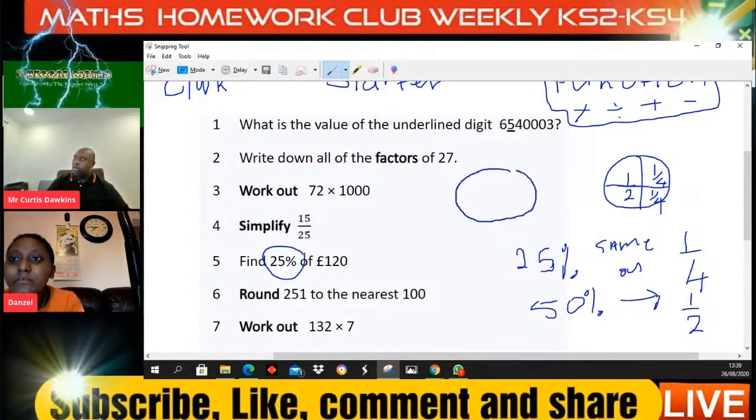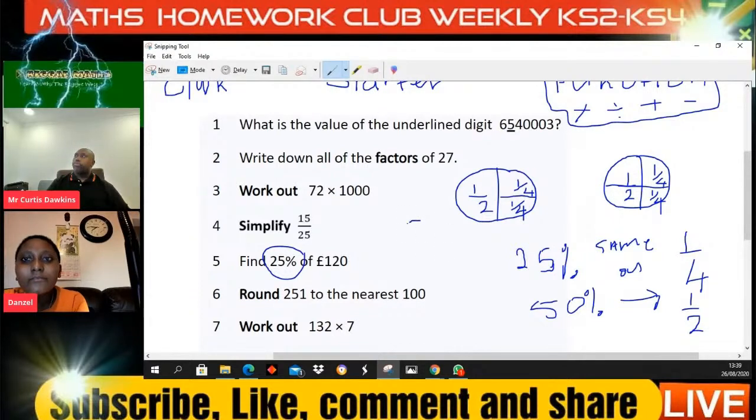Circle. Split it into 2. That's a half there. A quarter. And then if I split the half into 2, I can get 2 quarters. Yes? I want you to visualize this.